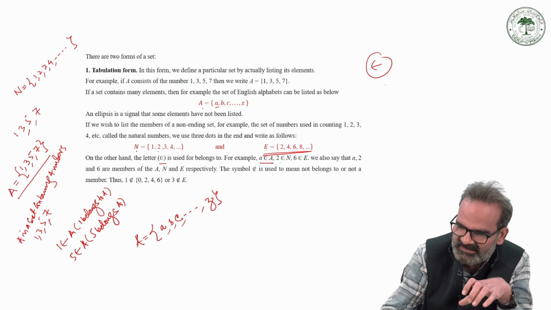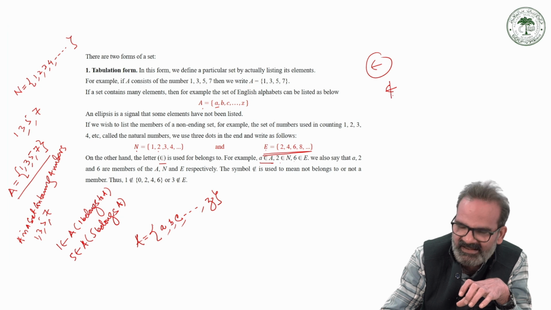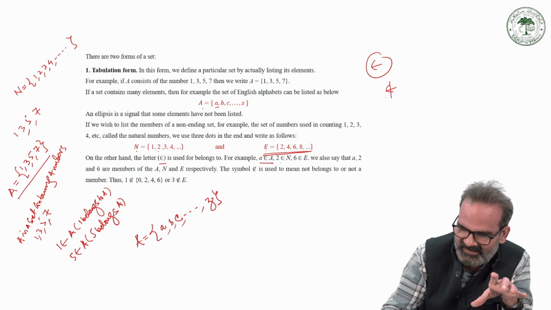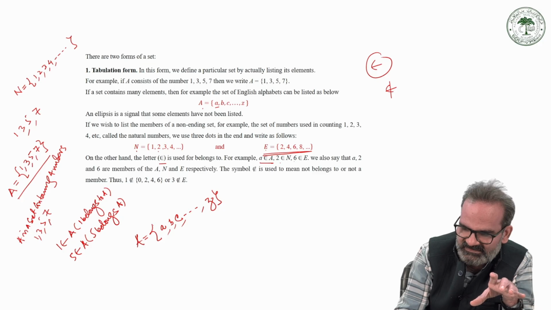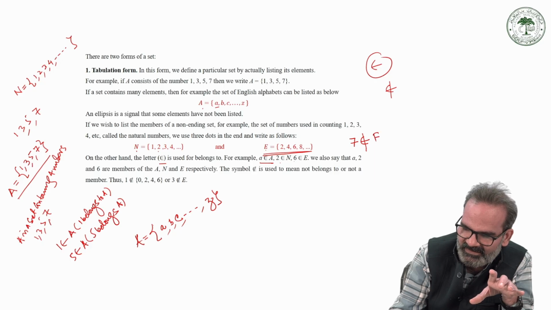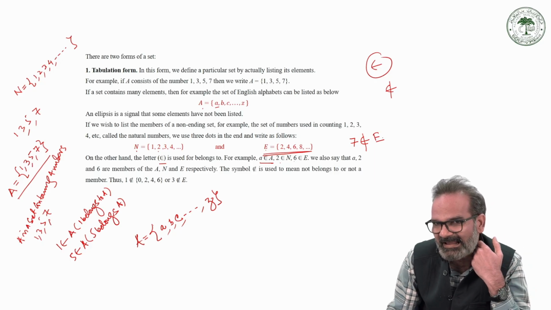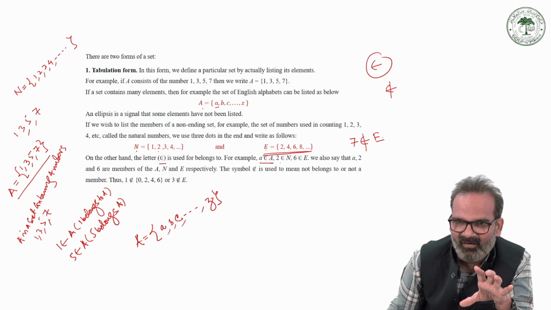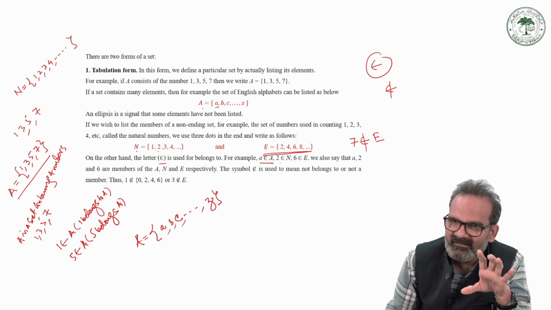The symbol ∉ means "does not belong to", right? Say we have taken E as 2, 4, 6, 8. So 7 is not here. So we will write it as 7 does not belong to E, because 7 is a number which is not a member of E, that is the set of even numbers.